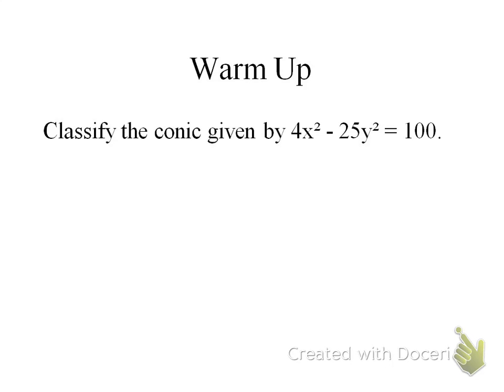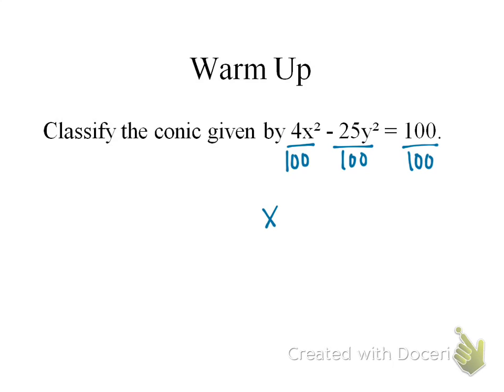Your warm-up says classify the conic given by 4x squared minus 25y squared equals 100. Any ideas? Yeah, let's divide everything by 100 and see if that gives us something that looks familiar.